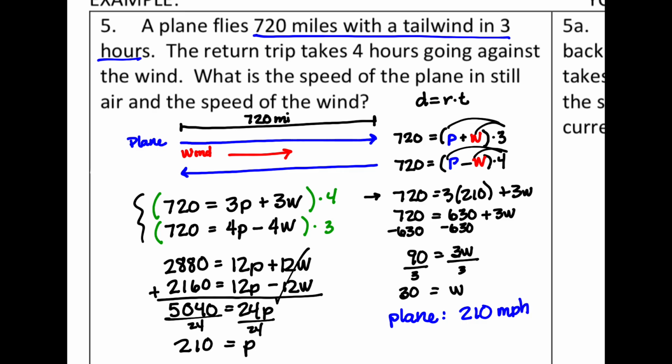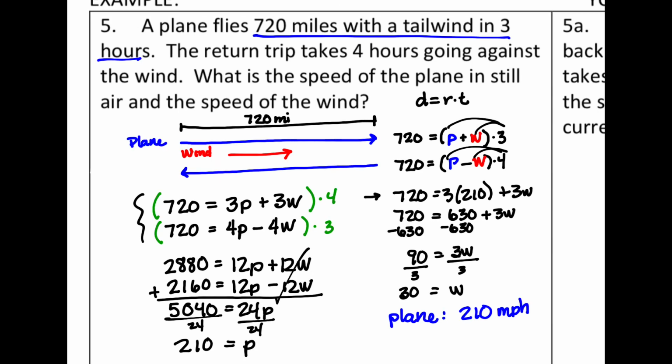And I also looked up the wind. Whoops. See if I can do this without hitting the wrong button. Wind was 30 miles an hour. Wind speed is about 20 miles an hour in a pretty bad storm.